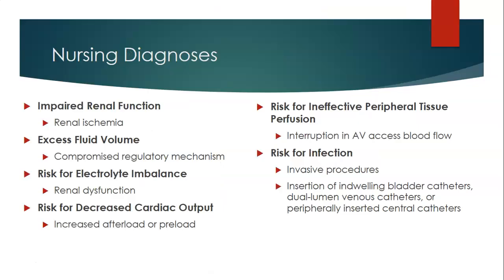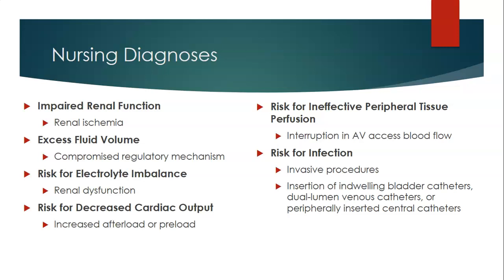So here are just some nursing diagnoses that I would love for you guys to be familiar with. Just think about all of the different things that we might see when we're talking about something wrong with the GU system. So we have impaired renal function, kind of a gimme, right? Might be related to renal ischemia. Excess fluid volume, we've established that the kidneys help regulate blood pressure and fluid.